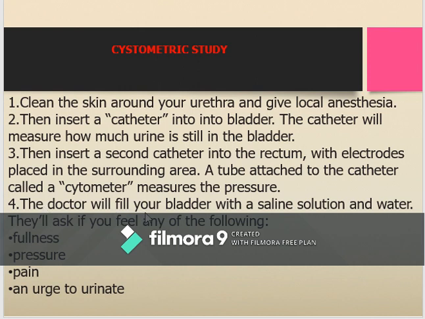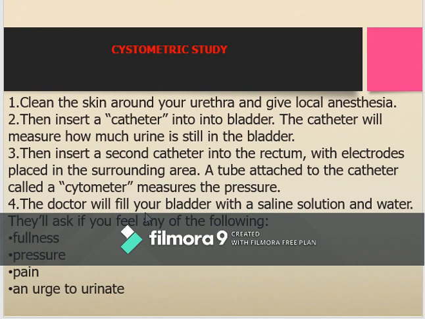After catheterizing the patient, the doctor will fill the bladder with a saline solution and water. We already saw yesterday that we first ask the patient to void into a vessel. We measure the amount of urine present, and obviously if the patient has benign prostatic hyperplasia, the prostate is enlarged, the urethra is compressed, and the bladder won't be emptied totally.